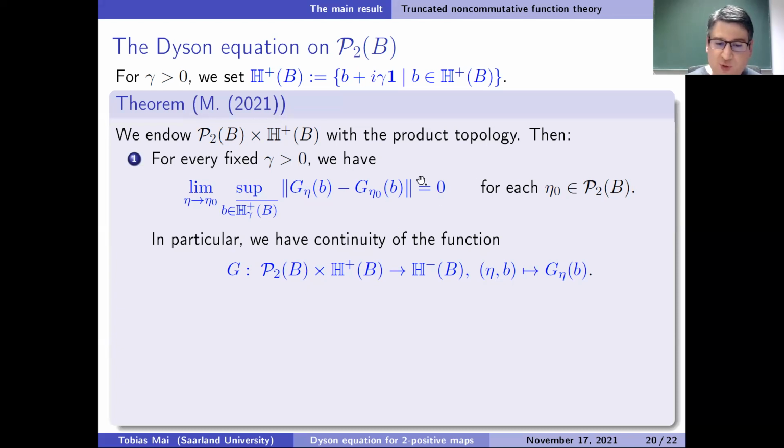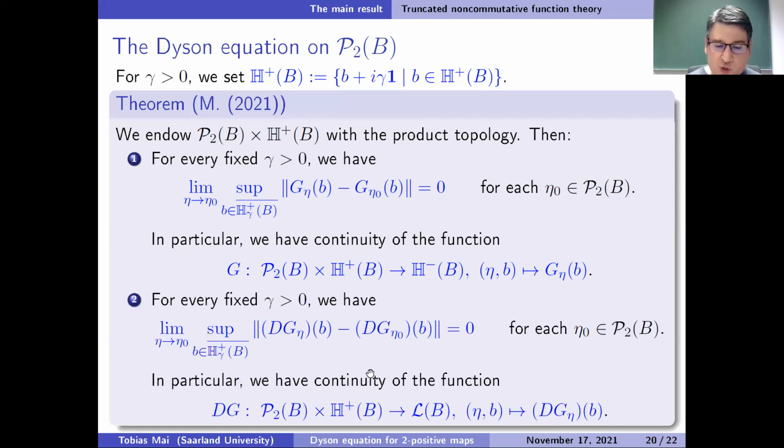And in fact, one has some uniform limit like this. This implies joint continuity in both arguments of the function g. At the same time, one also has joint continuity for the Fréchet derivative of this function. This is one crucial ingredient that one can prove using these insights about the Fréchet derivative.